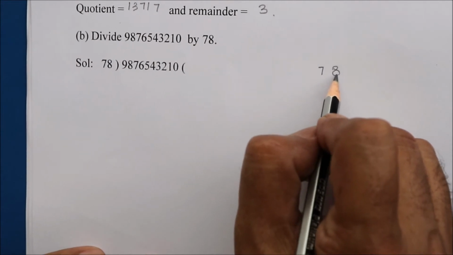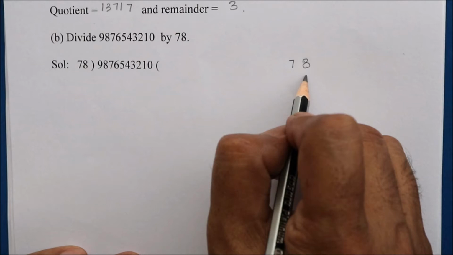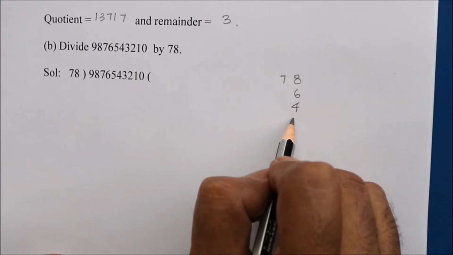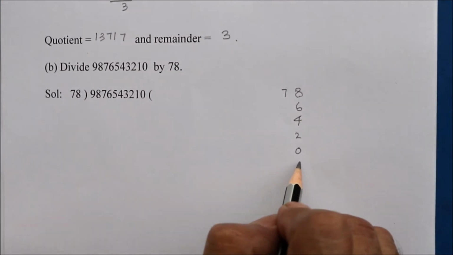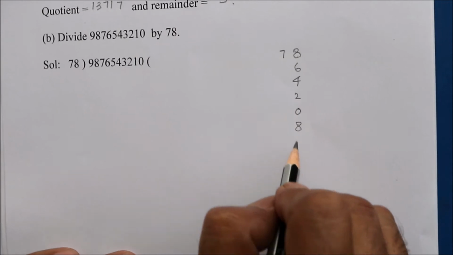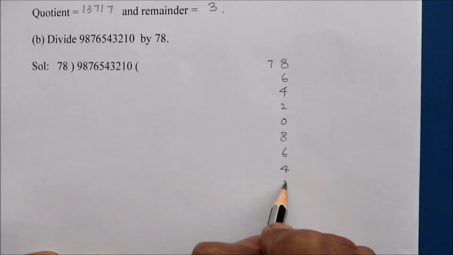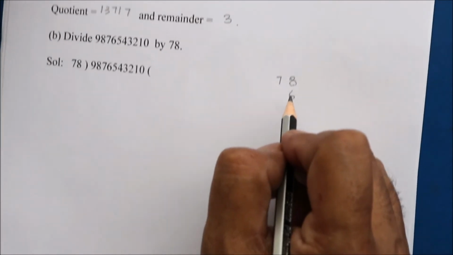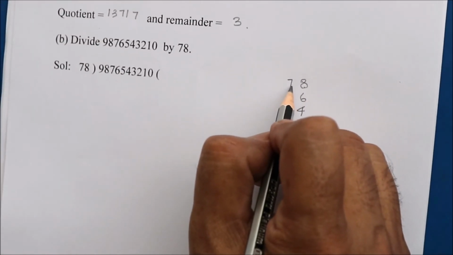Plus 8 minus 2. 8 minus 2, 6. 6 minus 2, 4. 4 minus 2, 2. 2 minus 2, 0. 0 plus 8, 8. 8 minus 2, 6. 6 minus 2, 4. 4 minus 2, 2. 2 minus 2, 0. 6 is less than 8. 7 plus 1, 8.